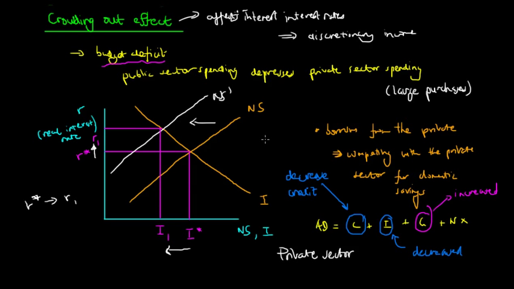So there is a negative relationship between a budget deficit funded by borrowing from the private sector and stimulating aggregate demand.